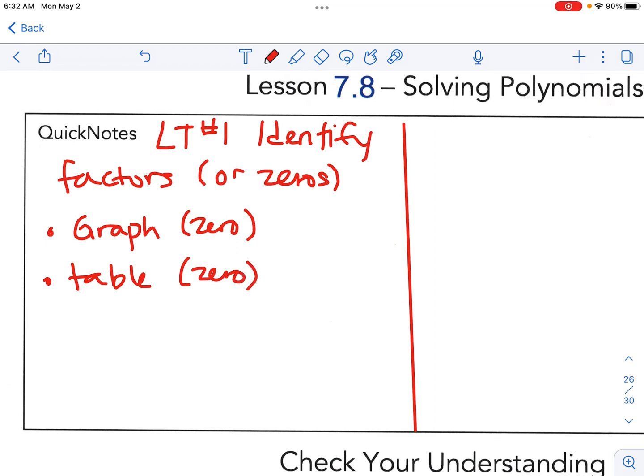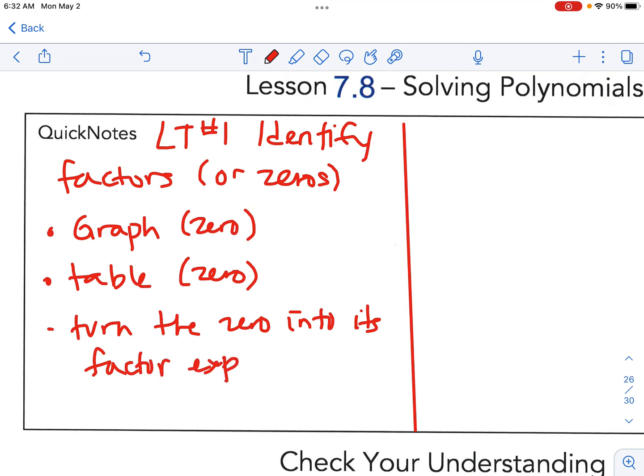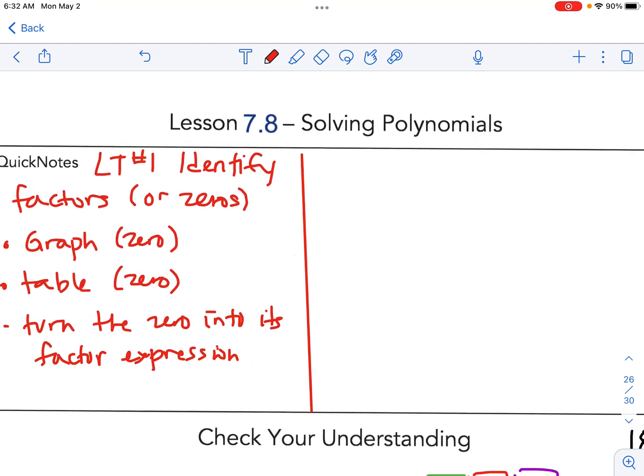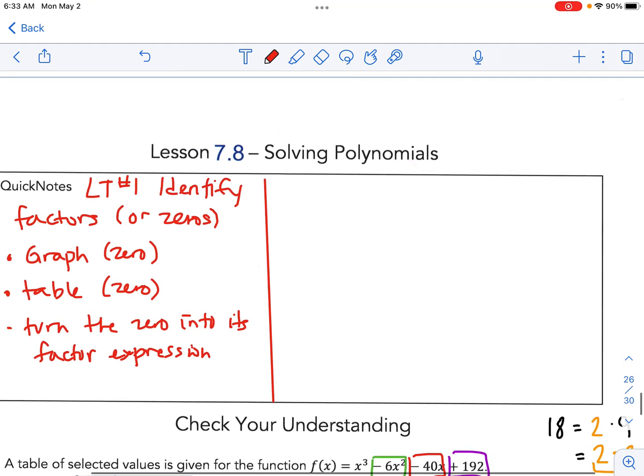That again is a 0, which means we have to place it into its factor expression, turning the 0 into its factor expression. And then we can start the process of using the division, the area model.